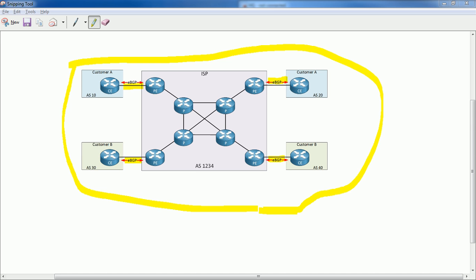A full internet routing table currently has more than 500,000 prefixes, and with the ISP routers running iBGP, we need a lot of iBGP peerings.